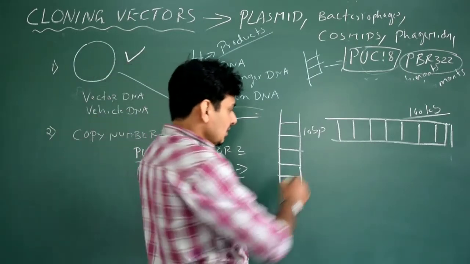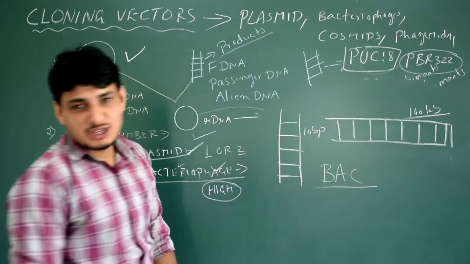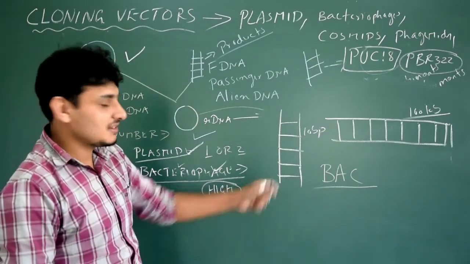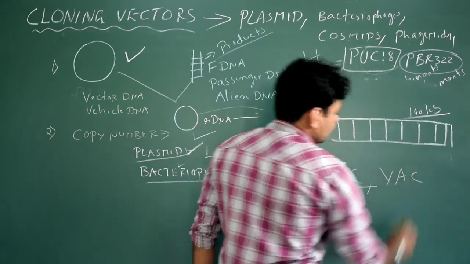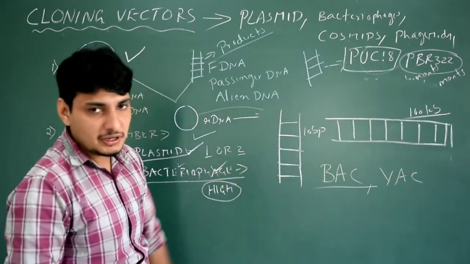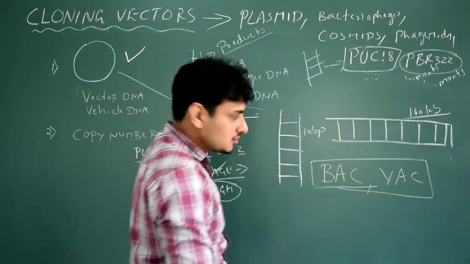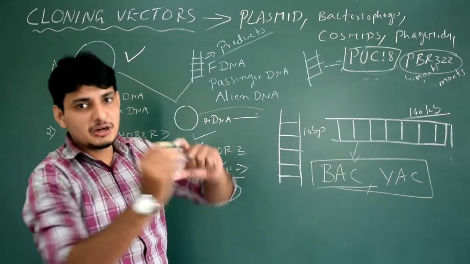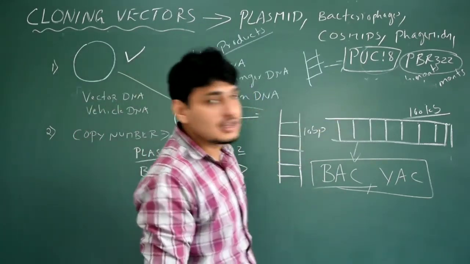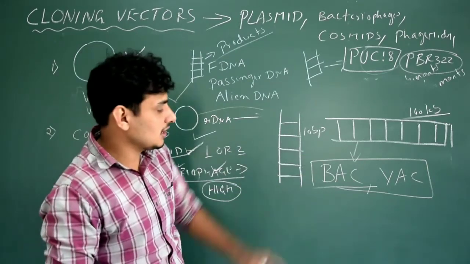For example, we can consider the bacterial artificial chromosome. Do you remember it? Yes, the bacterial artificial chromosome, or yeast artificial chromosome. Please note this point: these two are preferred over these because they can carry a large piece of foreign DNA, containing more than 100 base pairs. Got it? That is the advantage of this.